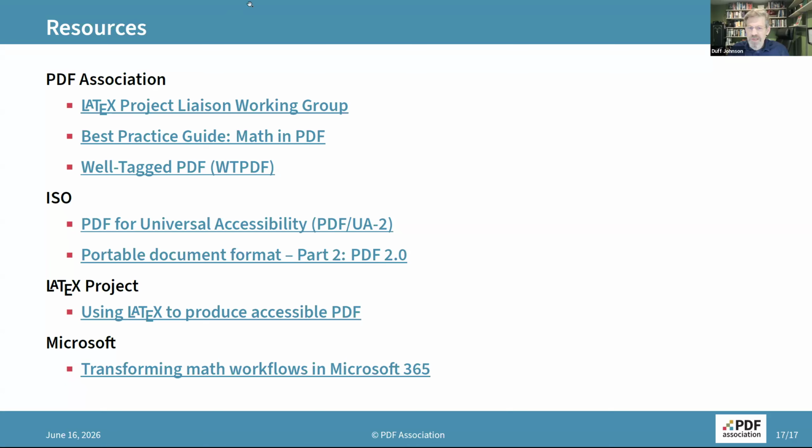Okay. What are realistic approaches for adding MathML to existing math-heavy PDFs without completely recreating them? I can try. First of all, you need to make sure that your document has proper structure, so it's tagged. You may have old PDF documents that don't even have structure inside, and that's task number one.